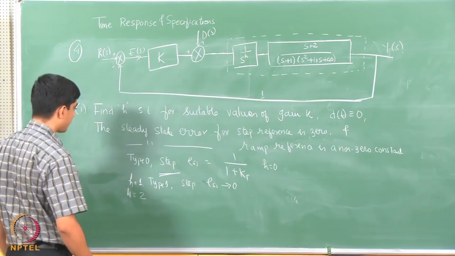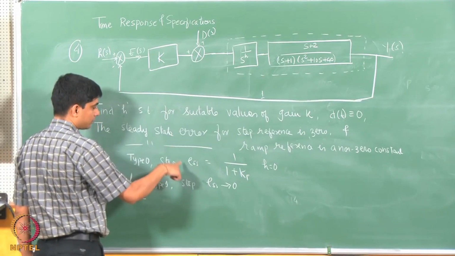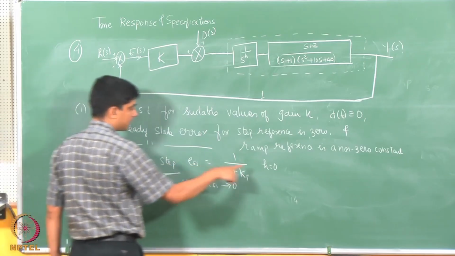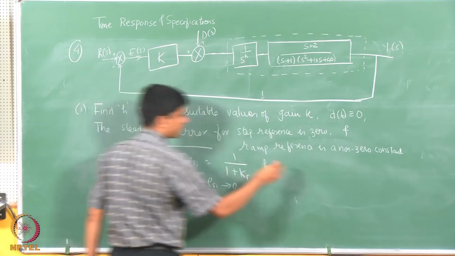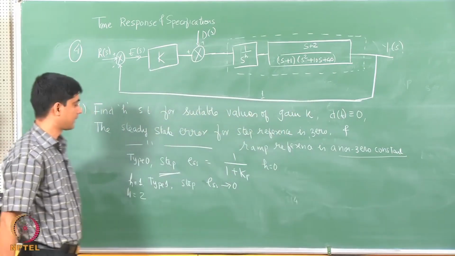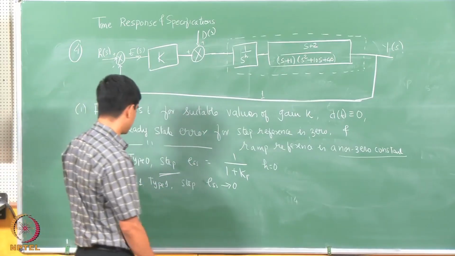Okay. However, the second statement says that in addition to the steady state error for a step input to be 0, it should also have a non-zero constant error for a ramp input or for a velocity input. Okay. So, what was the nature of this thing?